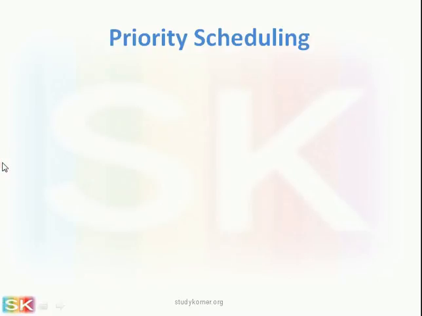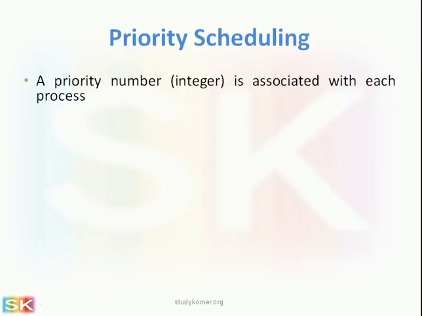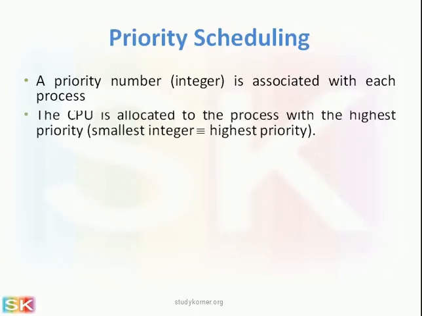So next is priority scheduling. A priority number is associated with each process, that is an integer value. So for each process we allocate a priority number, and that number will be used in deciding which process will have higher priority, right?